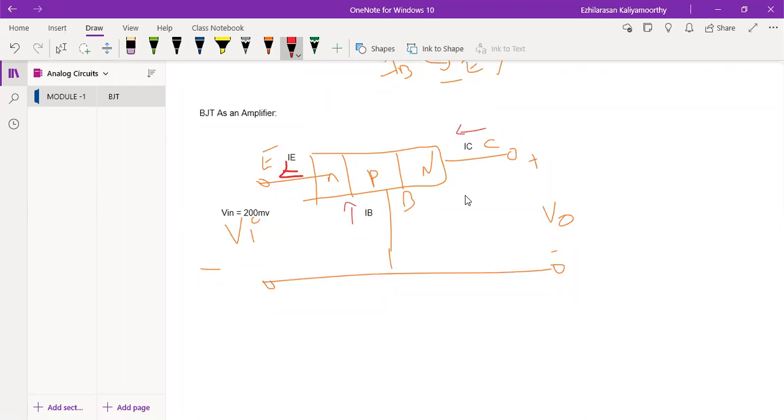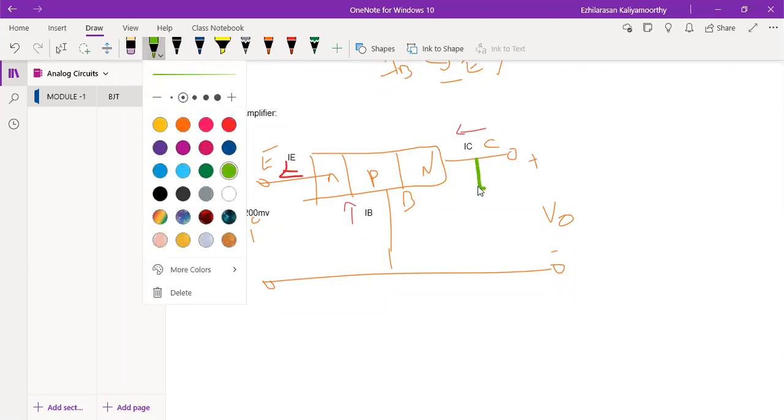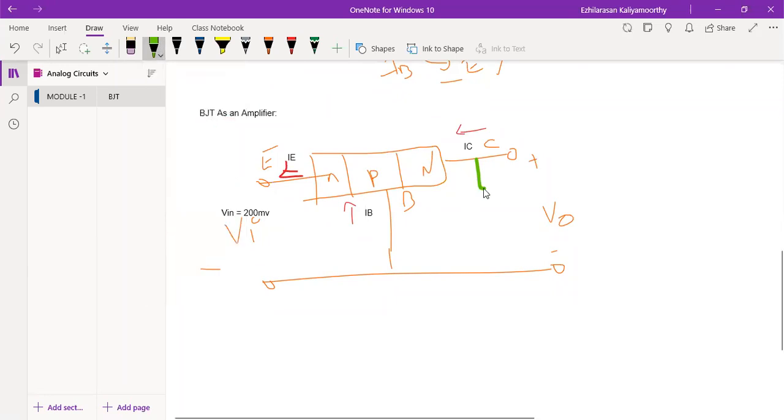Now one more thing we need to do here: in the output, we have to add a resistance. We'll name it RL, the load resistance.